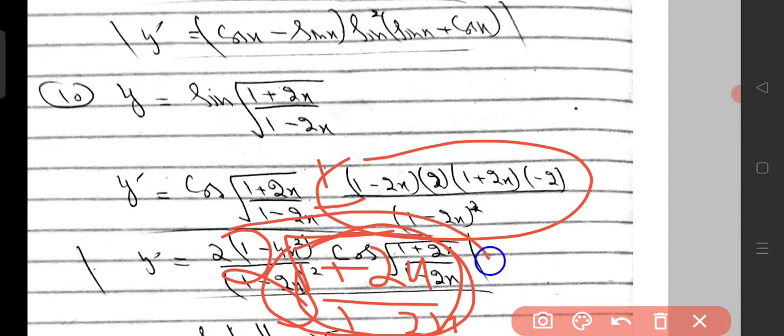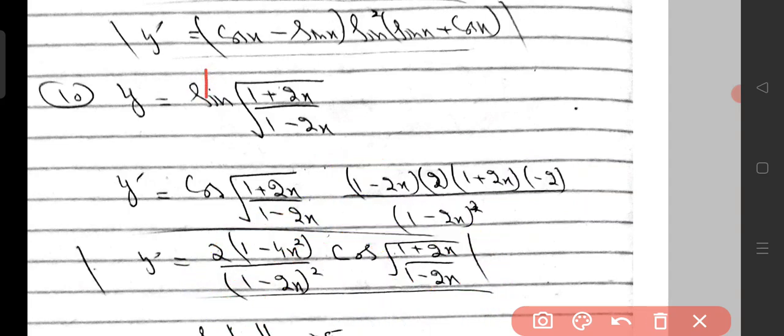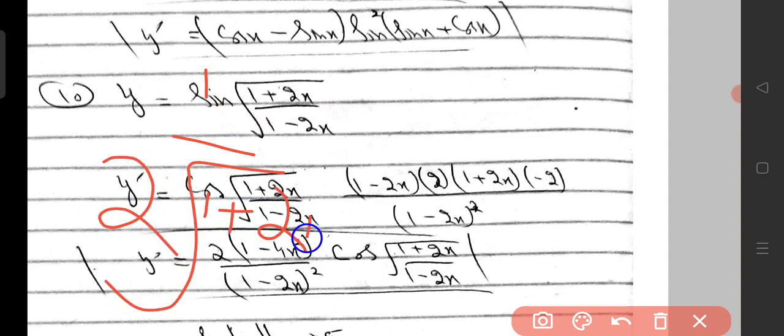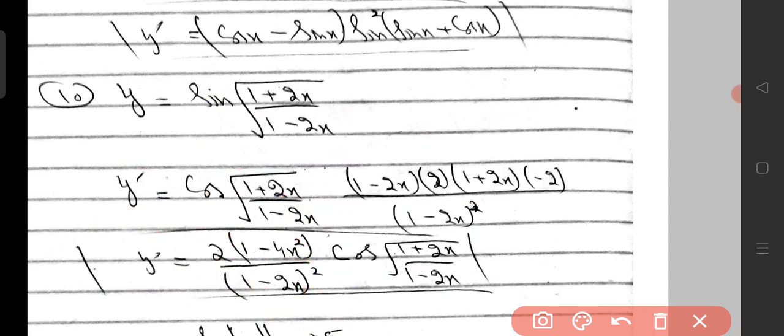So here is the missing term, which I write here: 1 over 2 under root 1 plus 2x over 1 minus 2x. It's your missing term. So now include it and correct your answer.